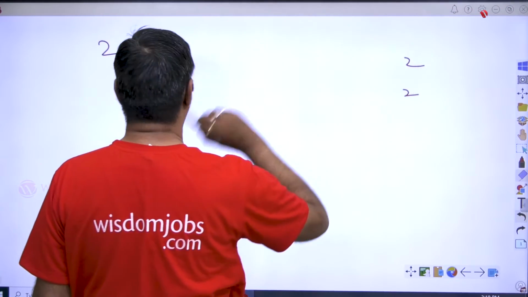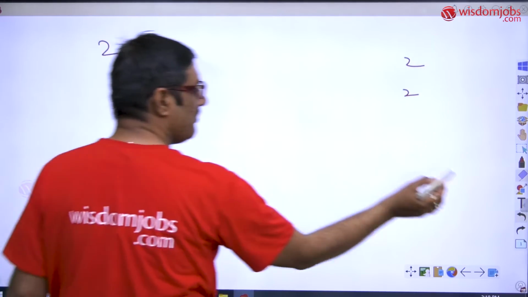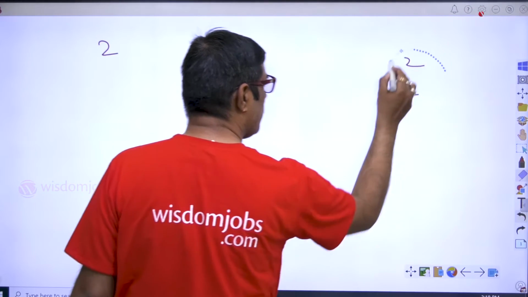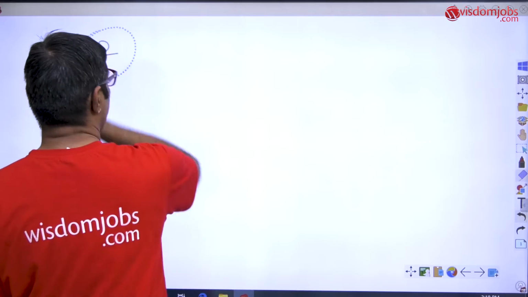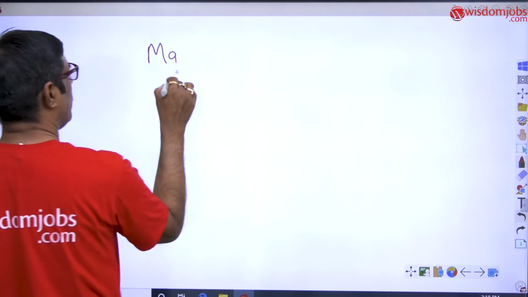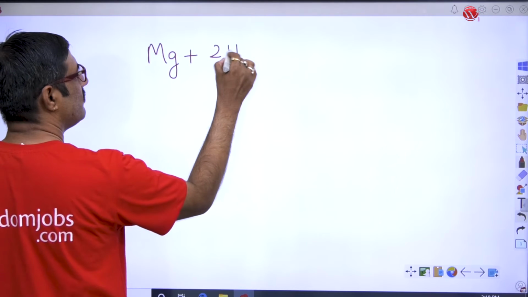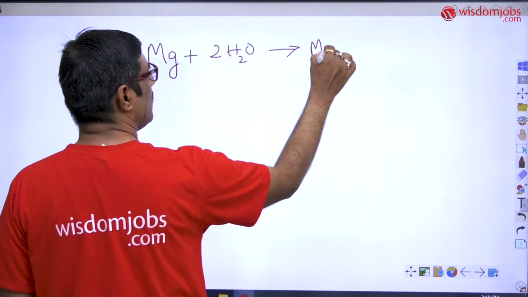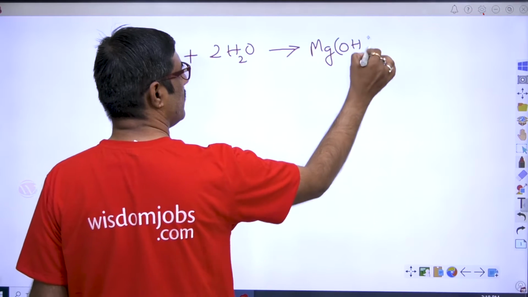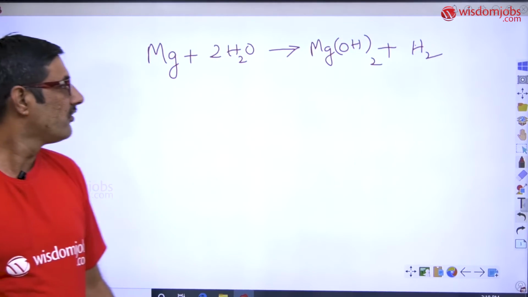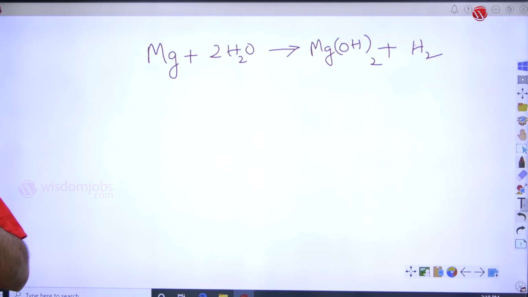Next, if you take some other metals like magnesium. Magnesium is not that ready, and we need to heat the water. That means it will react with hot water. So Mg plus 2H2O gives rise to Mg(OH)2 plus H2, magnesium hydroxide plus H2.